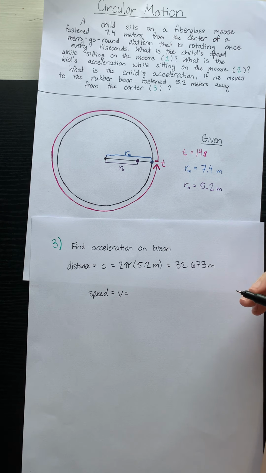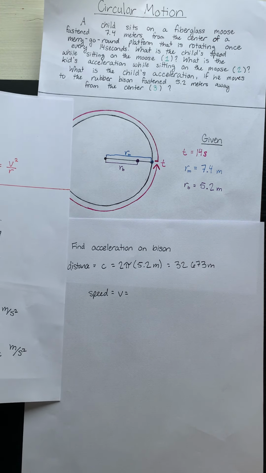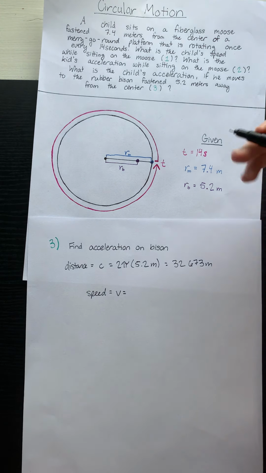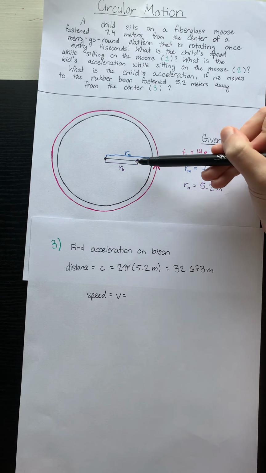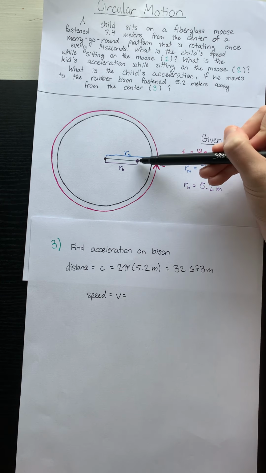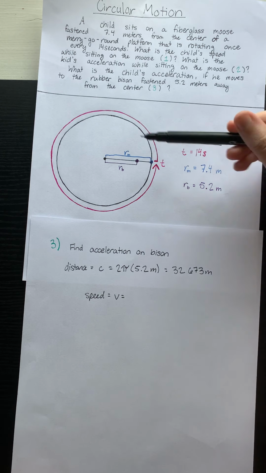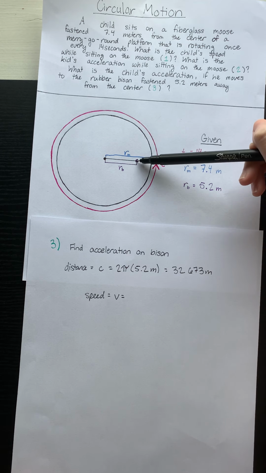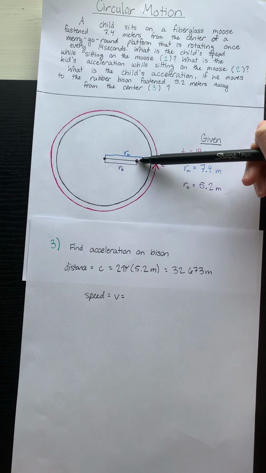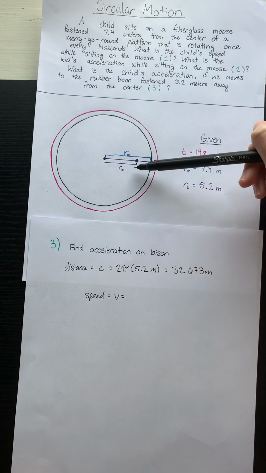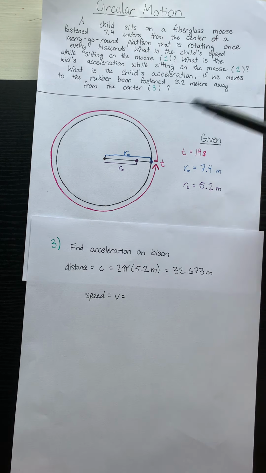Now, to get the speed, looking at our formula sheet over here, speed is distance over time. Well, the position of the bison and the moose on the merry-go-round does change the radius, but the time it takes for this bison right here to make one full lap is still the same.